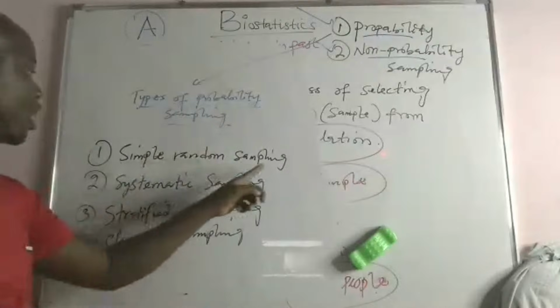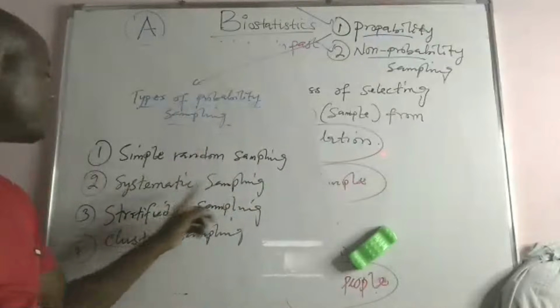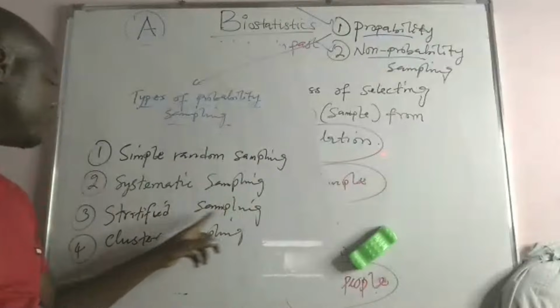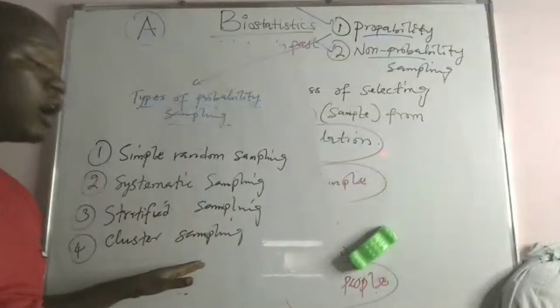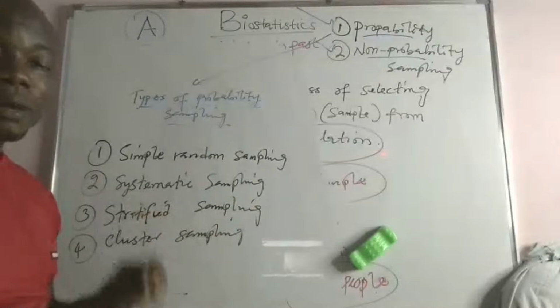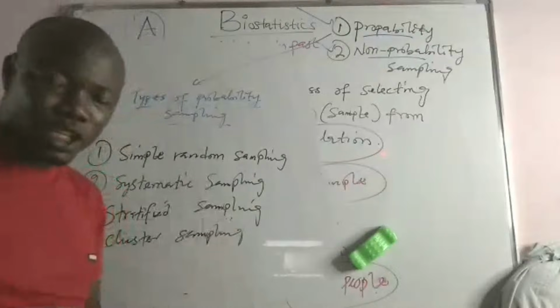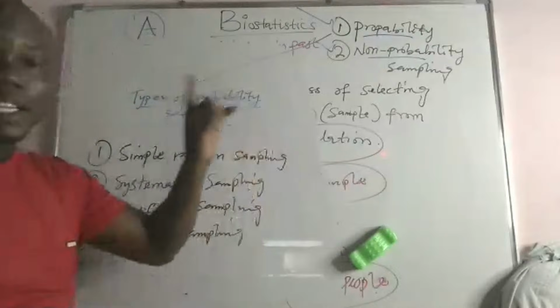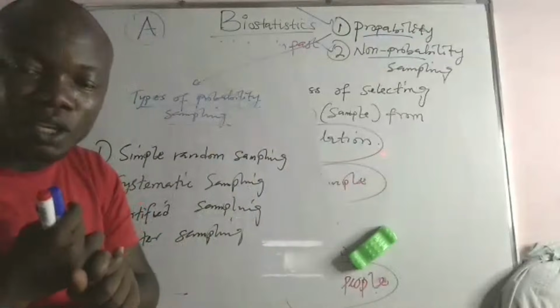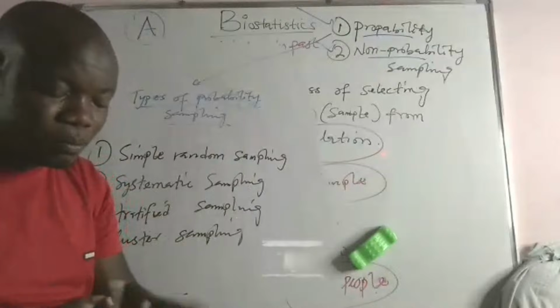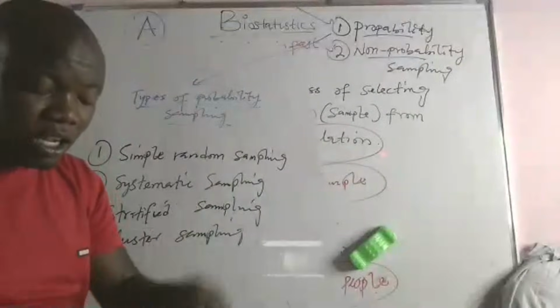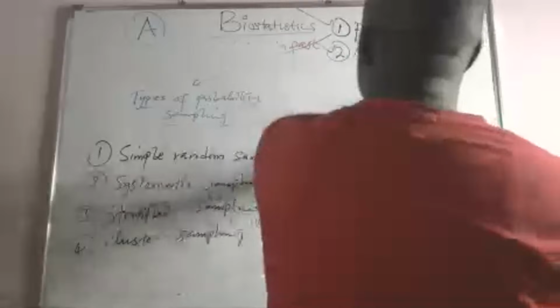So we have simple random sampling, systematic sampling, stratified sampling, and cluster sampling. At this point, you know the definition of sampling, you know the definition of sample.